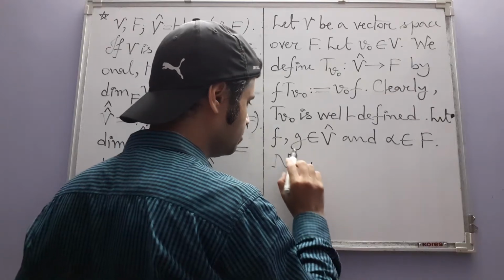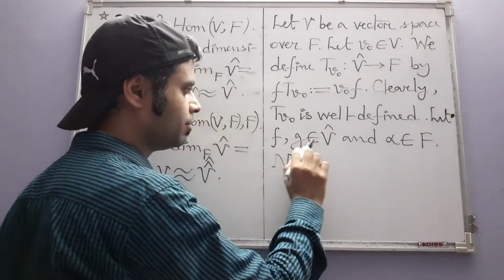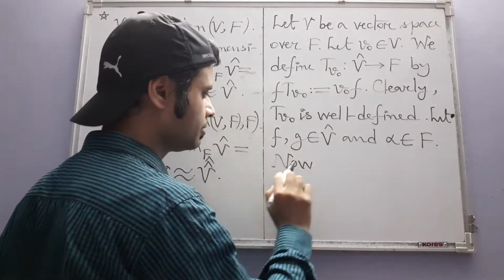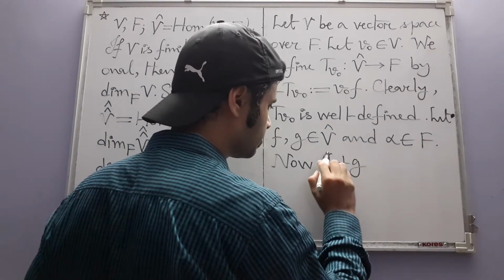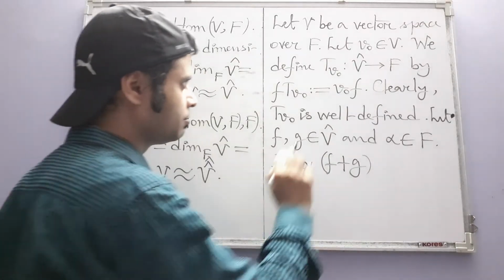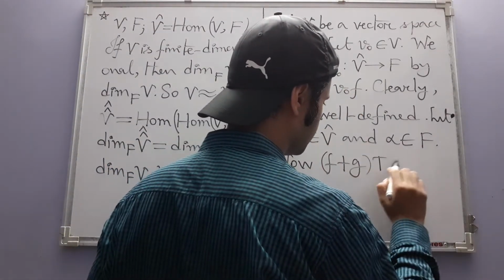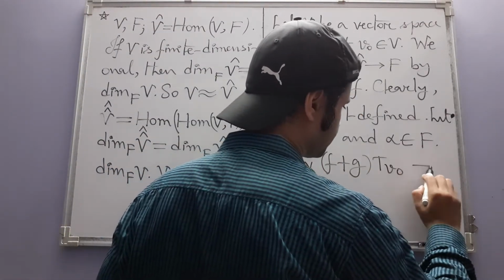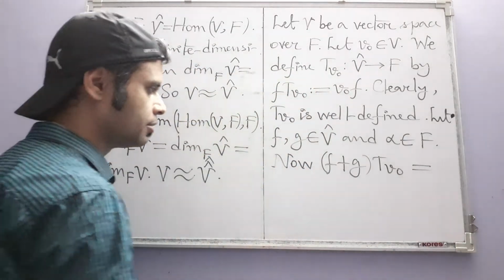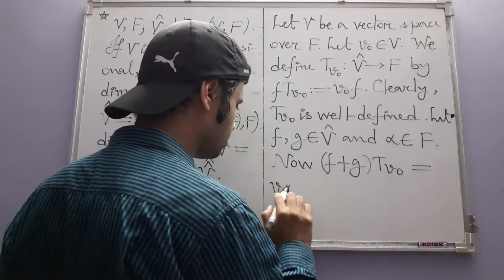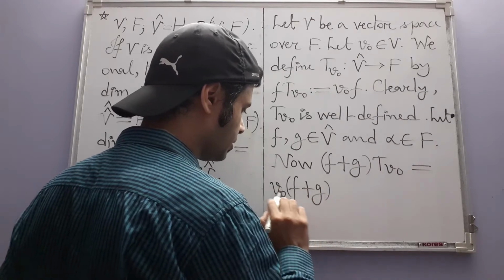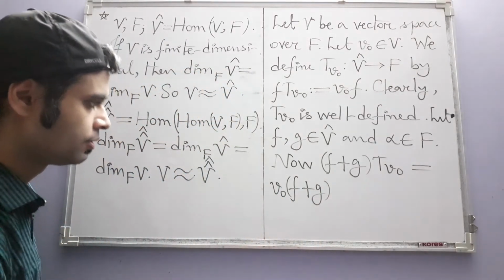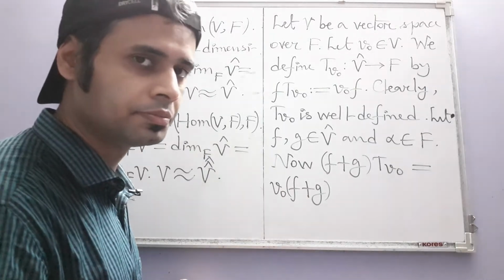So what we do, we have taken any two vectors in v hat, the dual space, so we take their sum, and on that we are going to apply t v naught. So by definition, this is equal to the image of v naught under f plus g.